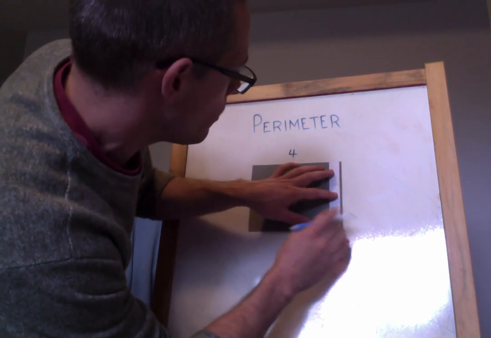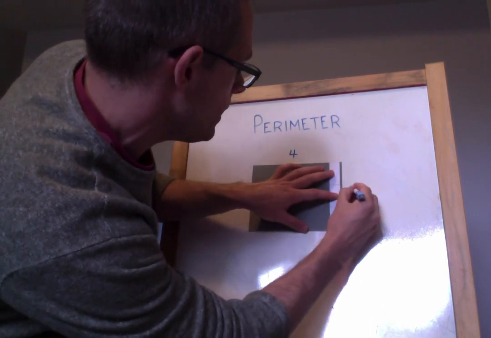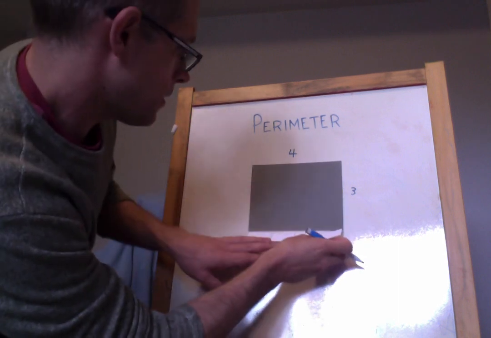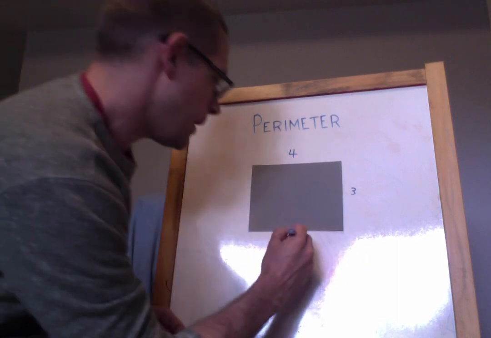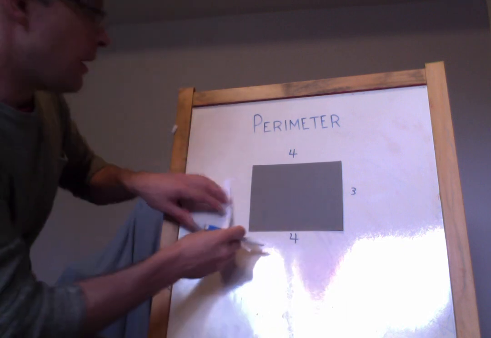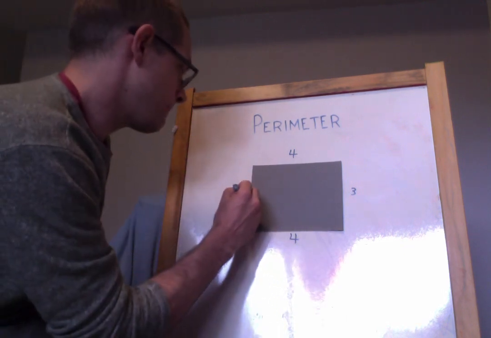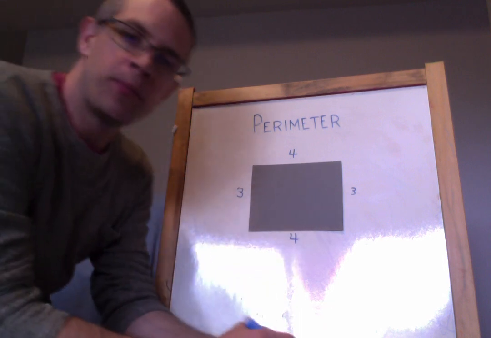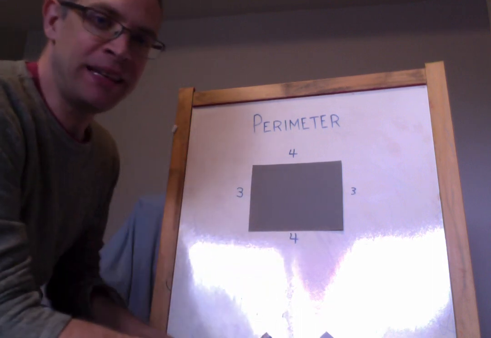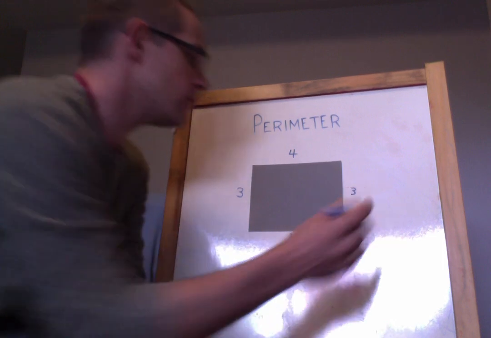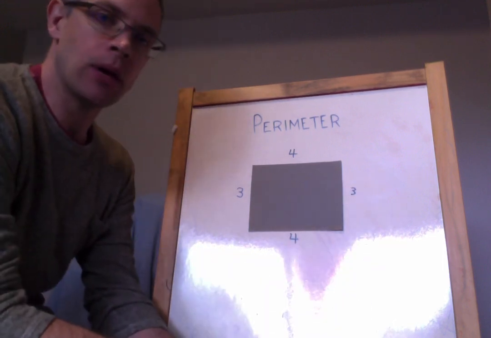This side I have 1, 2, 3. I've got 4 again here, and I've got 1, 2, 3 here. Take a few seconds, please, by yourself. Please tell me what the perimeter of this quadrilateral is.